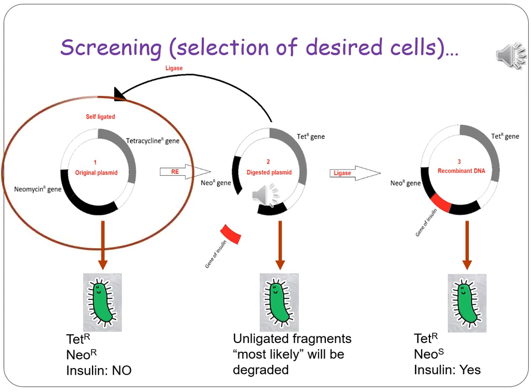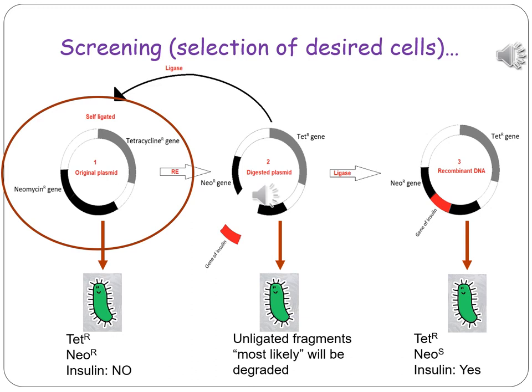Here, number 1, you have the original plasmid, which contains the tetracycline-resistant gene and the neomycin-resistant gene. This original plasmid, we cut it by restriction enzyme. We digest it by a restriction enzyme which opens the neomycin resistance gene.